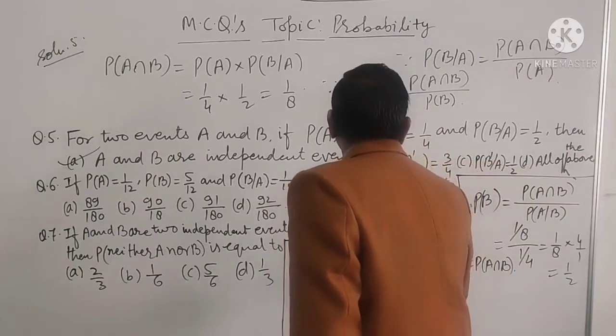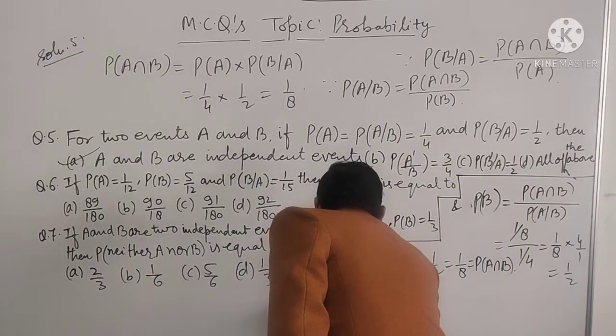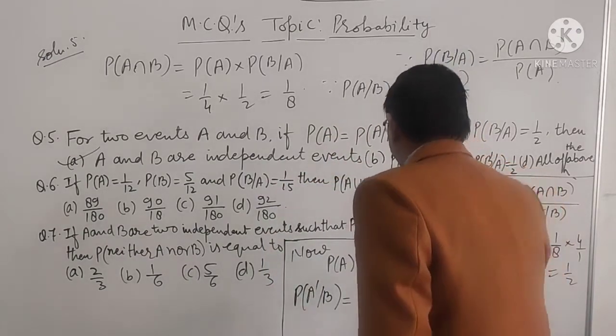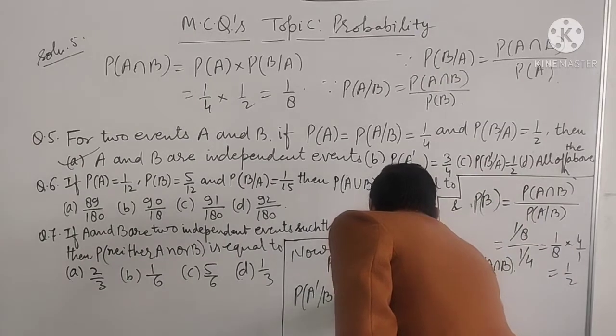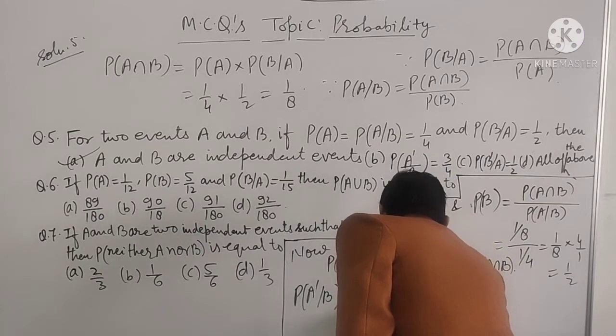Now let's find P(A complement | B). It is P(A complement intersection B) upon P(B).